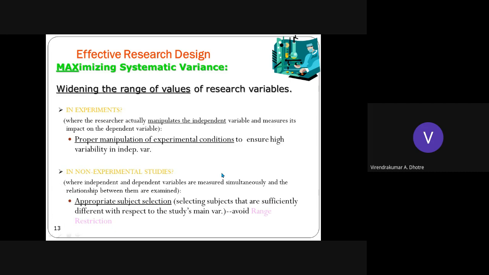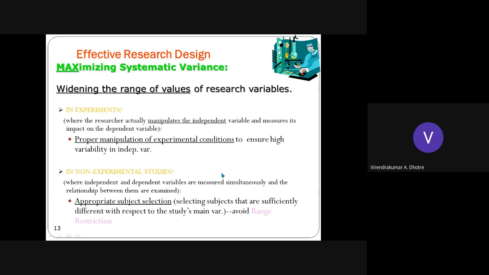What about non-experimental studies like your descriptive? So here we try to calculate dependent and independent variables, or measure those at the same time simultaneously, so that we can also examine the relationship, association between the dependent and independent variable.